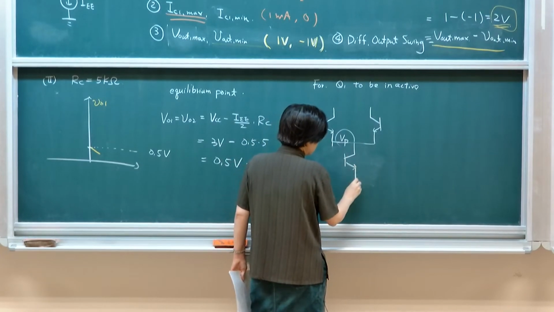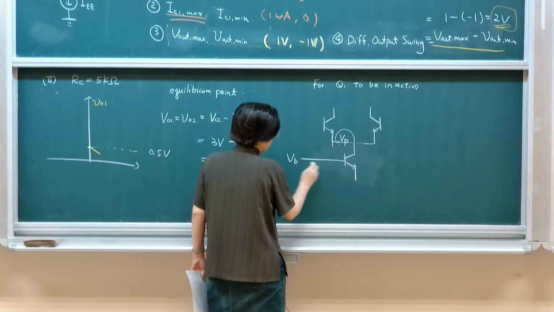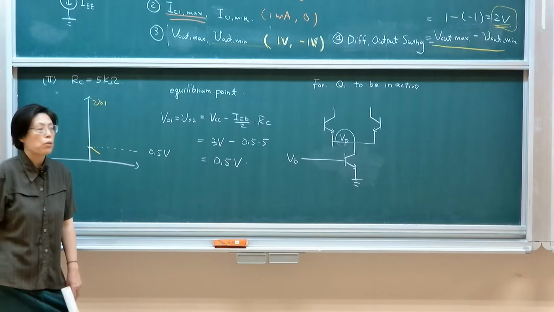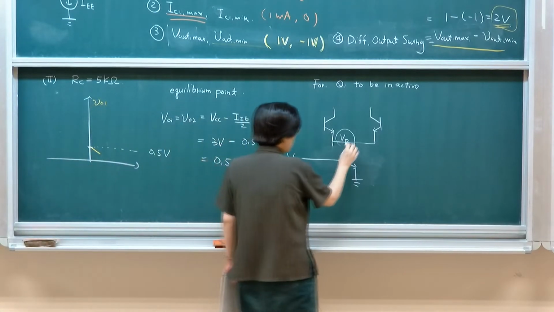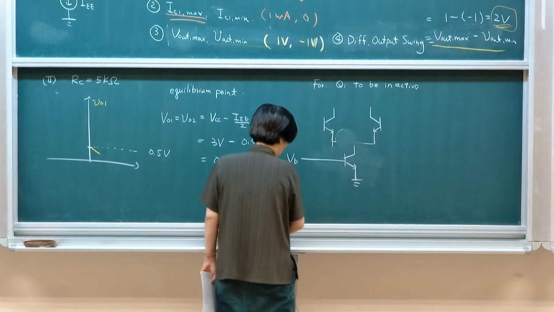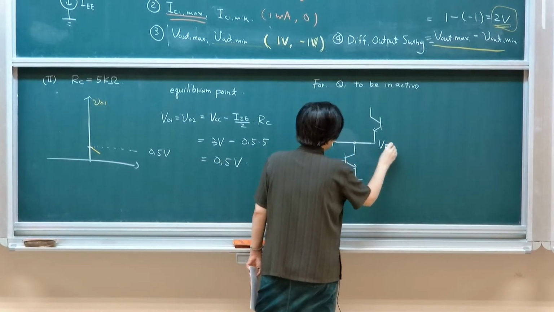If I'm implementing this current source with a current mirror, let's say VB, there's a potential at this emitter, this is VE.